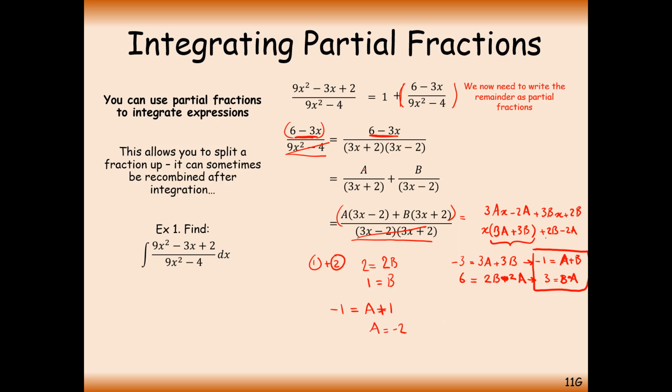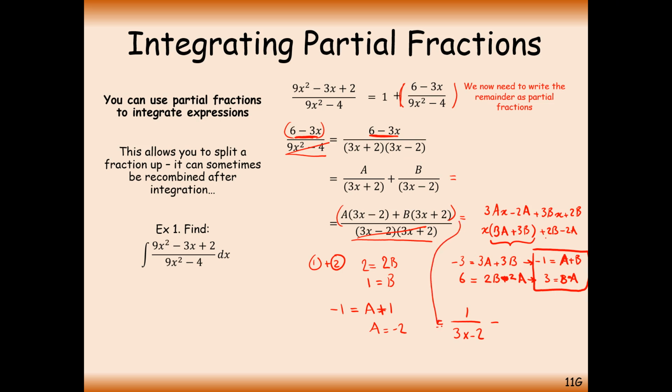We go up here and we write that line with minus 2 over 3x plus 2. Therefore, the final answer, once we figured out A and B, capital A and B, that means that, actually, let's write B first. 1 over 3x minus 2, because it's nicer to have the negative.